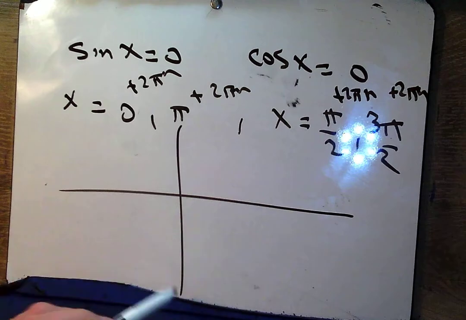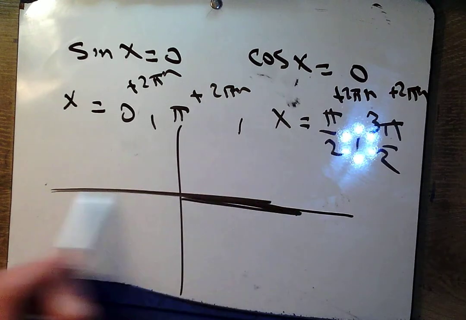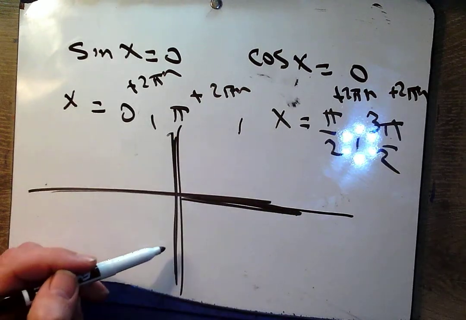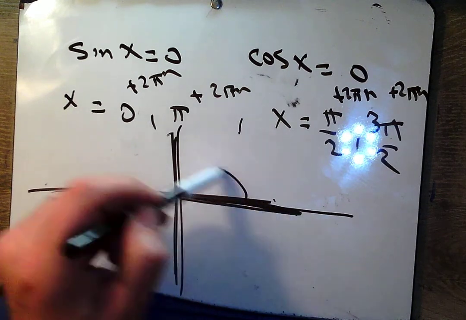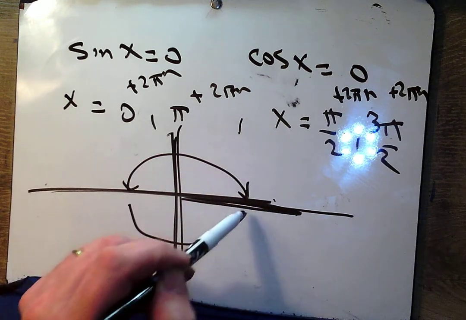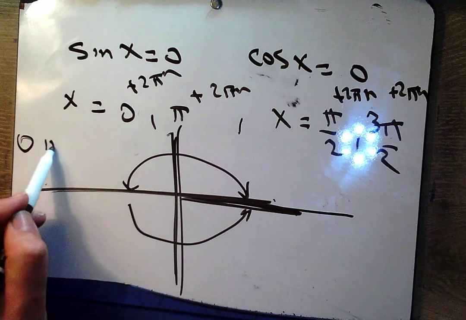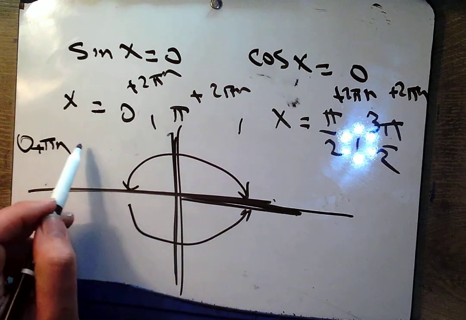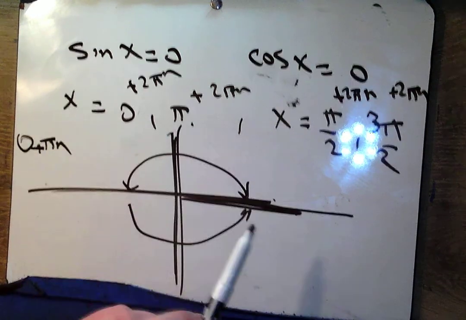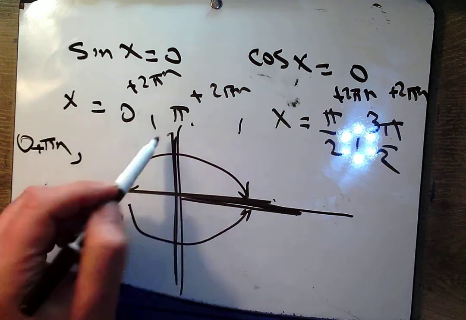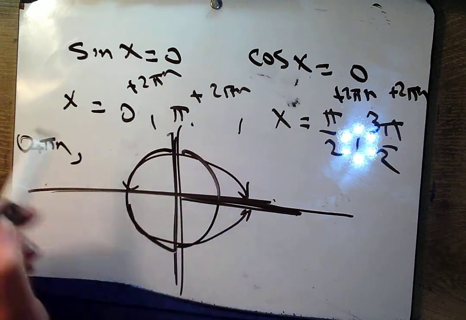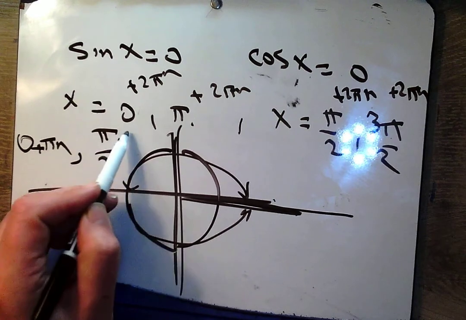But really, think about these solutions. You've got these solutions, and you've got these solutions. At the very least, 0 plus pi m, and that will take care of that. And from here to here and here to here, pi over 2 plus pi m.